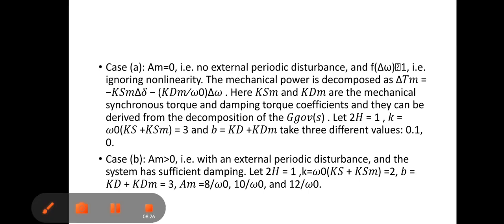Let 2H be equal to 1, K equal to omega naught of Ks plus Ksm equal to 2, B equal to Kd plus Kdm equal to 3, and Am equal to 8 by omega naught, 10 by omega naught and 12 by omega naught.